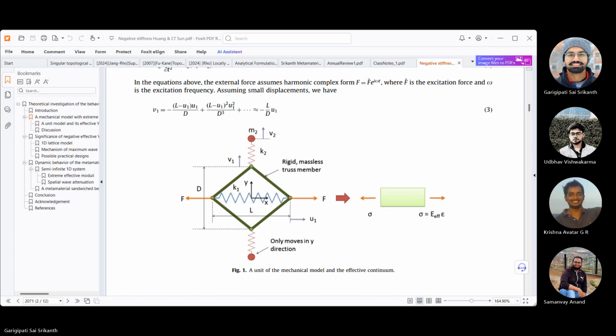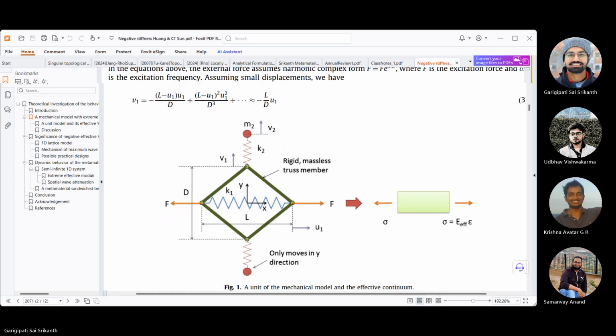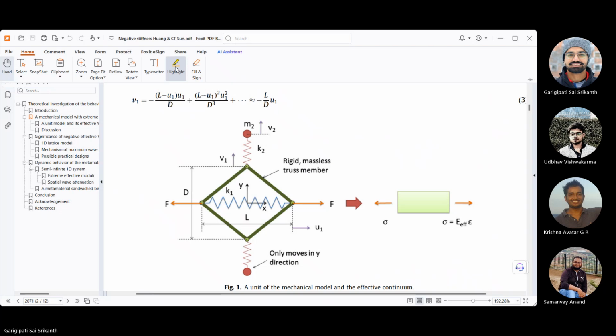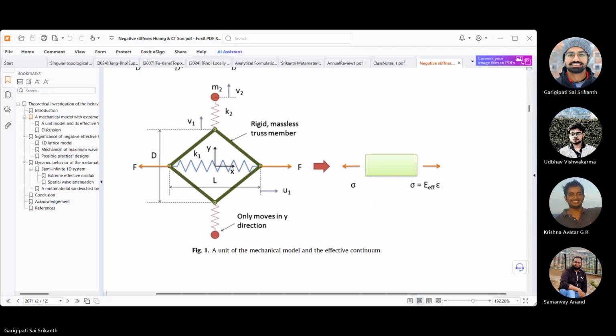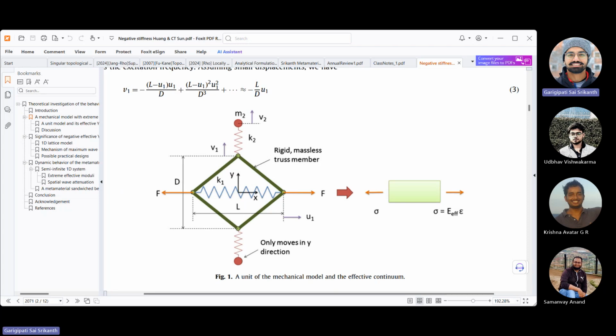Then comes the fact that there is a spring here, there is a mass. So this K2 and M2 as seen here is the local resonator, but it is attached laterally.